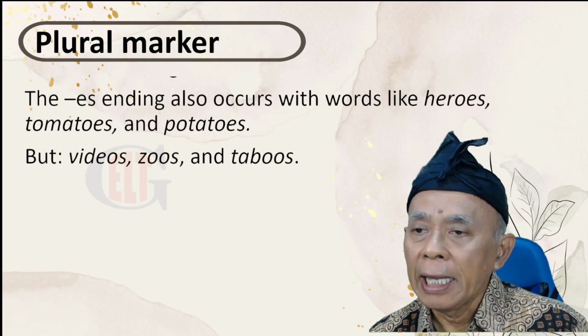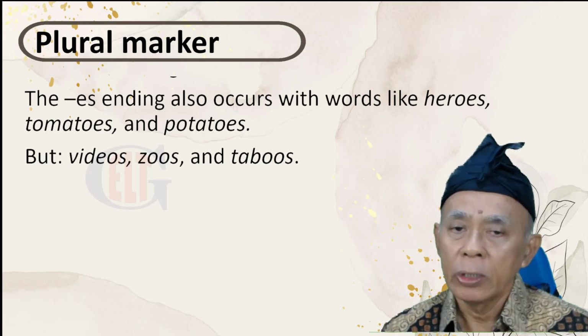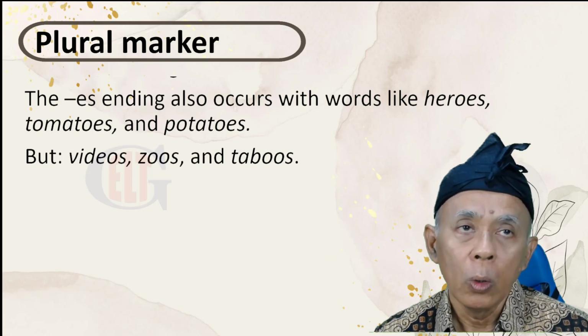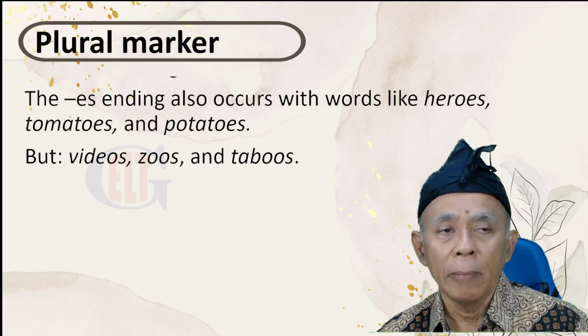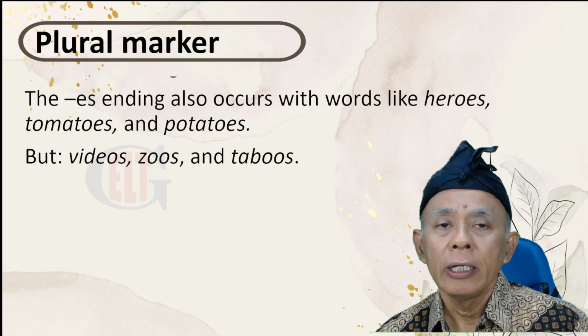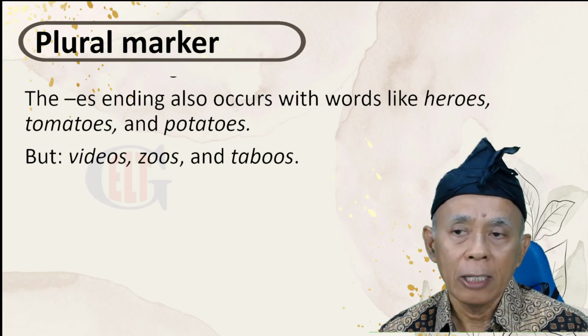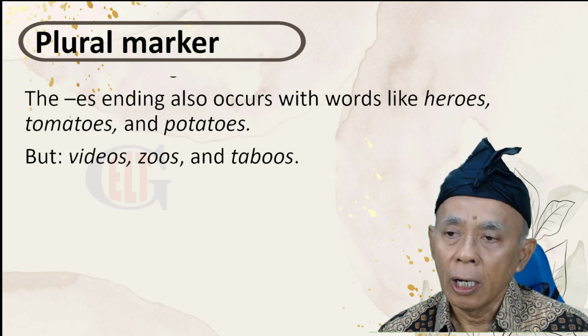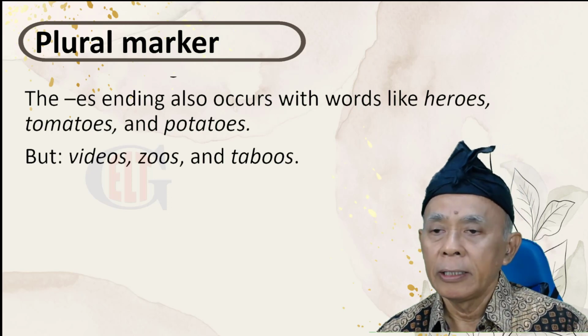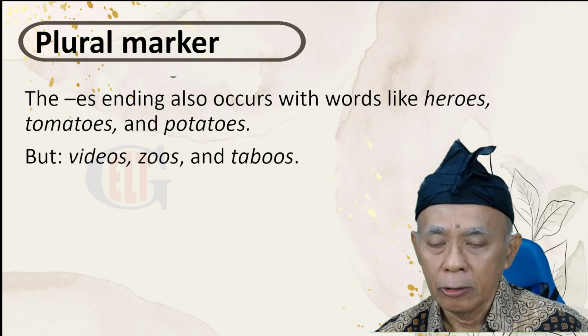The ending es also occurs with the words which end with o, like in heroes, tomatoes, and potatoes. Here the o comes after a consonant: heroes, tomatoes, potatoes. We have the letter r, the letter t, and the letter t again in potatoes.